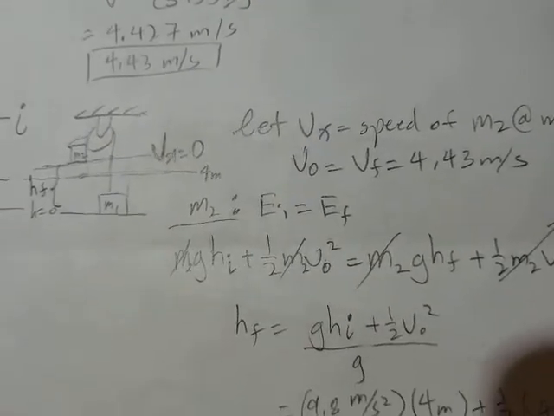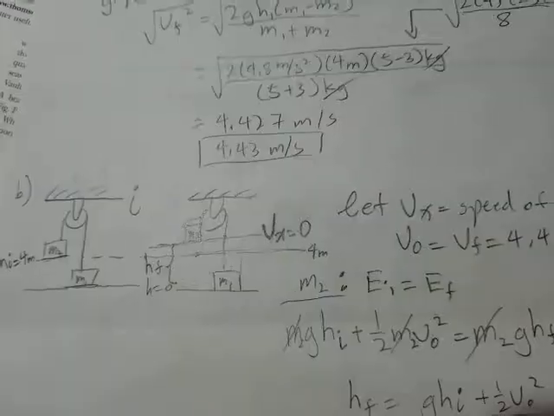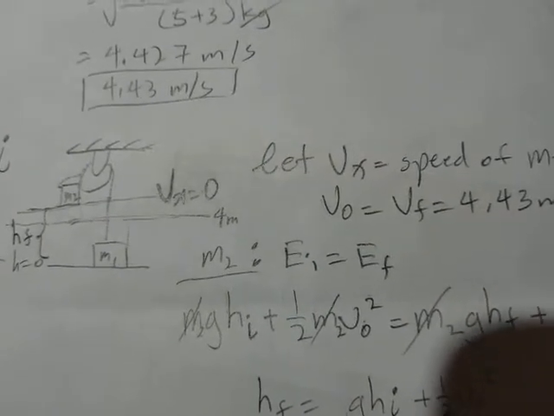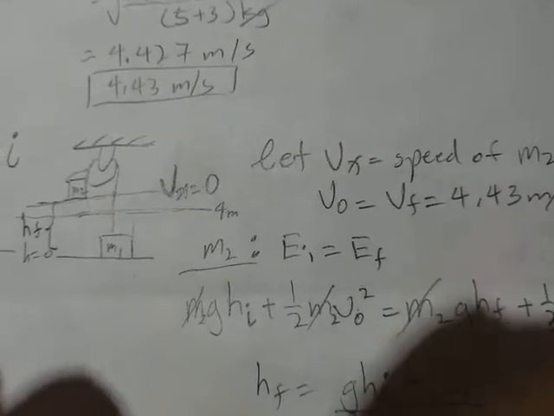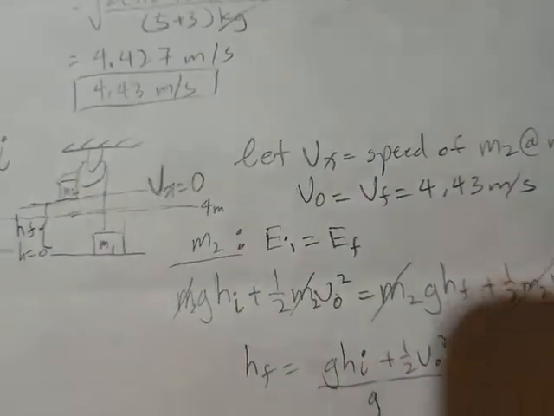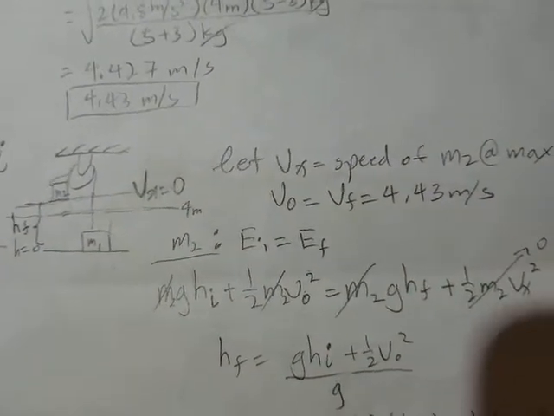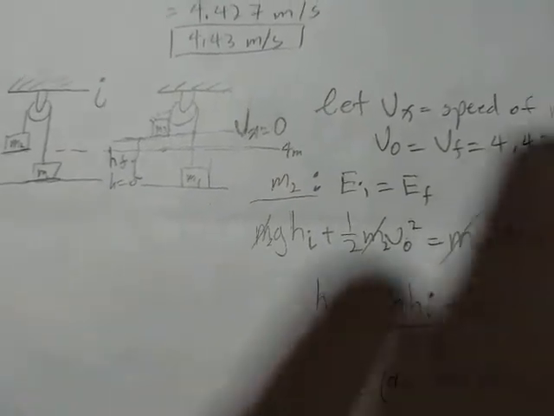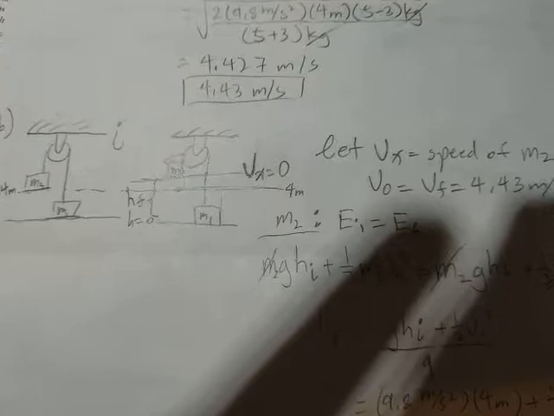Because I was too lazy. And so now we just solve for the height. And to do that, we set the initial energy equal to the final energy of block M2. Excuse me, I'm just gonna correct my fingers.